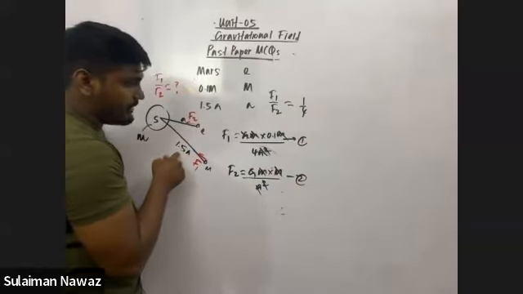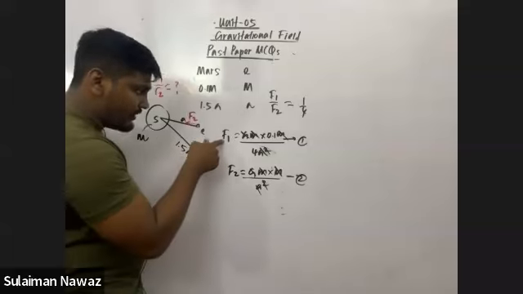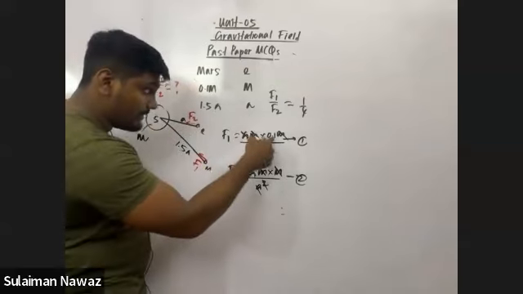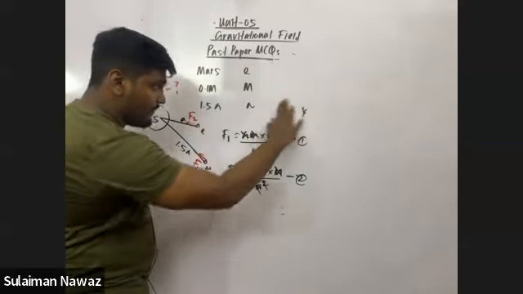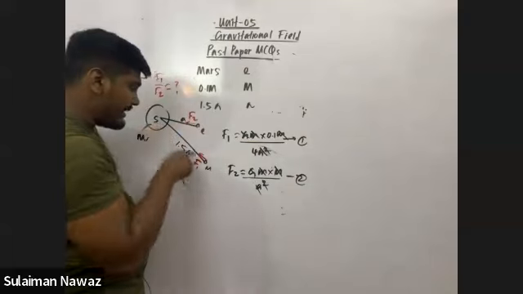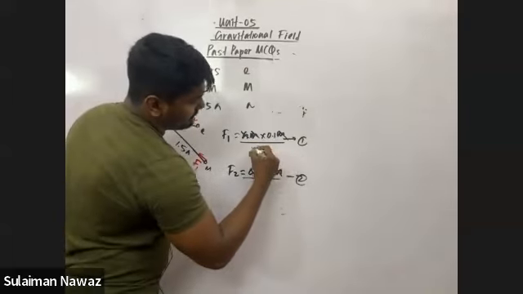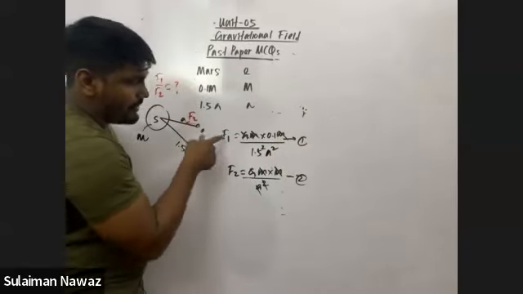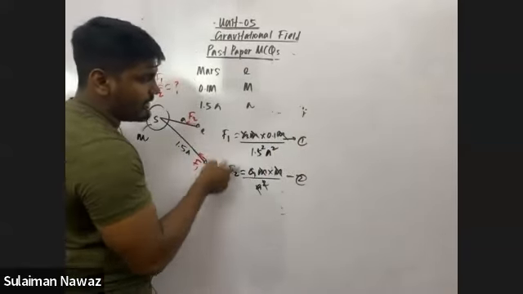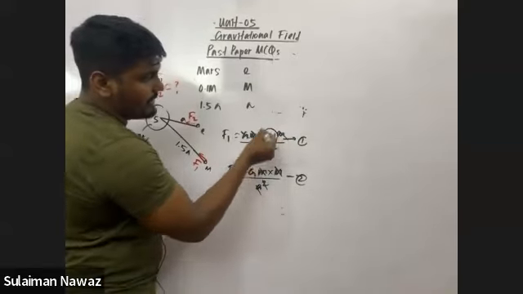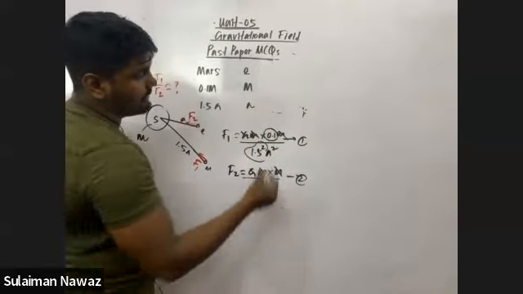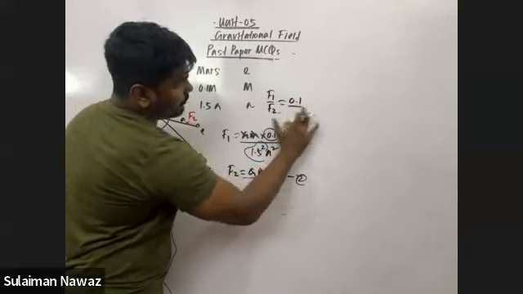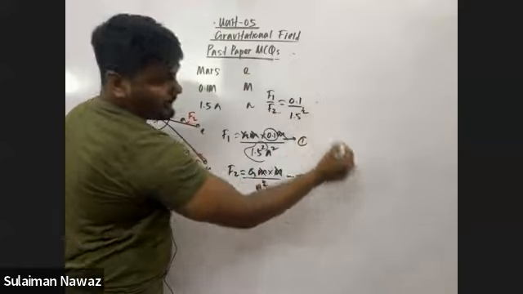Then when you apply the equation, F1 is G, mass of the Sun into mass of Mars, over the distance between Sun and Mars, 1.5a, squared, which is 1.5 squared a squared. When you divide F1 by F2, 0.1 is there and 1.5 squared is there. Then you will obtain F1 over F2 as 0.1 over 1.5 squared.